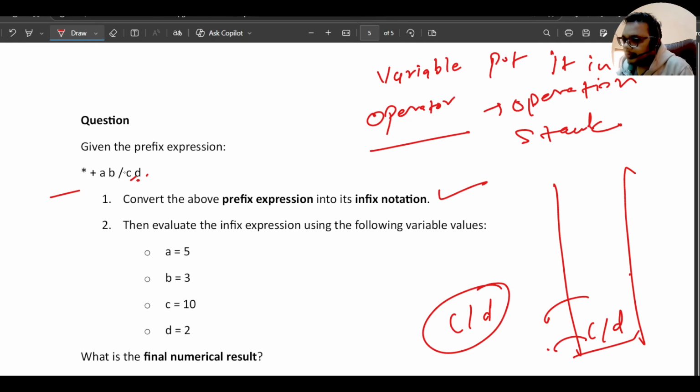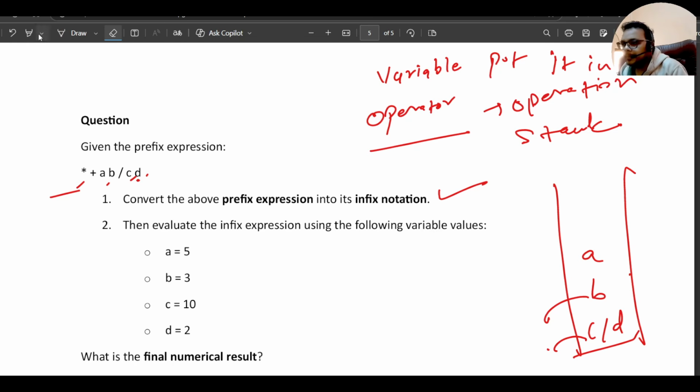Now we have B. B is a variable, so we will push B here. Then we have A here, so we will push A here. Now we again have an operator, plus. So we will pop out two variables, which are A and B, perform the operation, and push the result into the stack again.